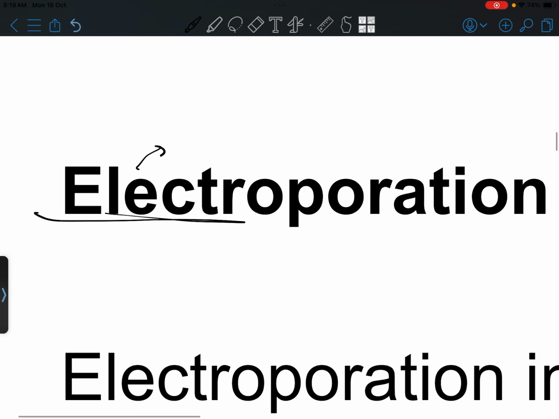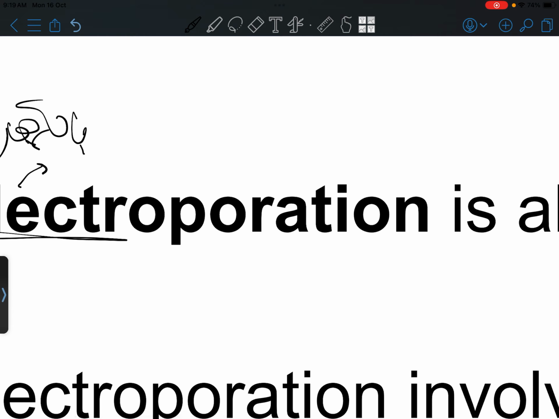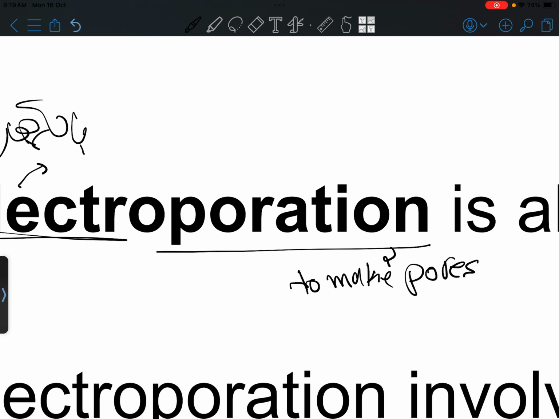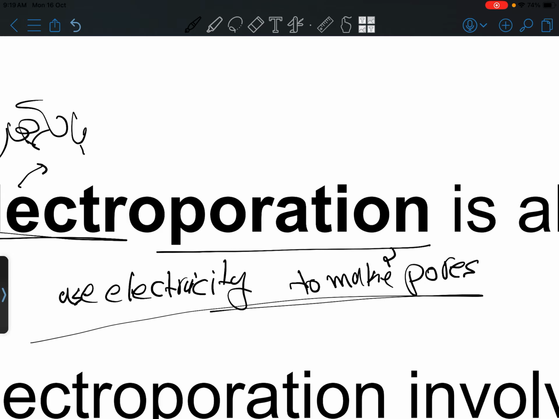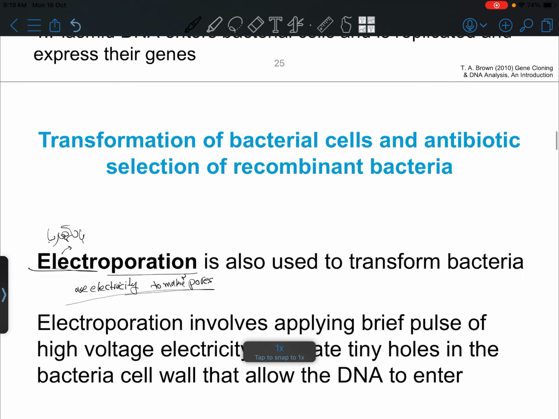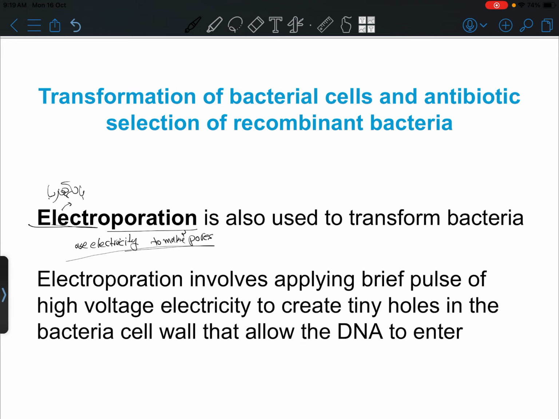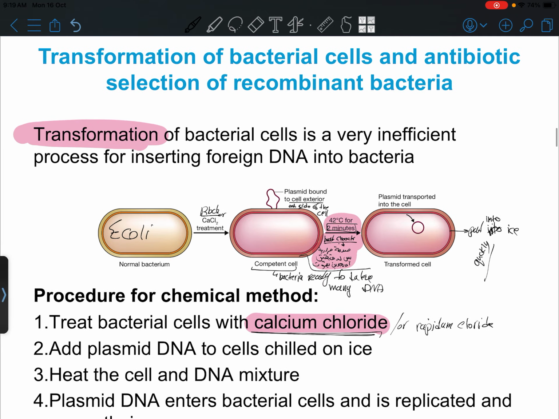Okay? So here, instead of using heat to make pores on the surface of the bacteria, here we use what? Electricity. Okay? Now, again, you take your plasmid, you mix it with bacteria, okay?